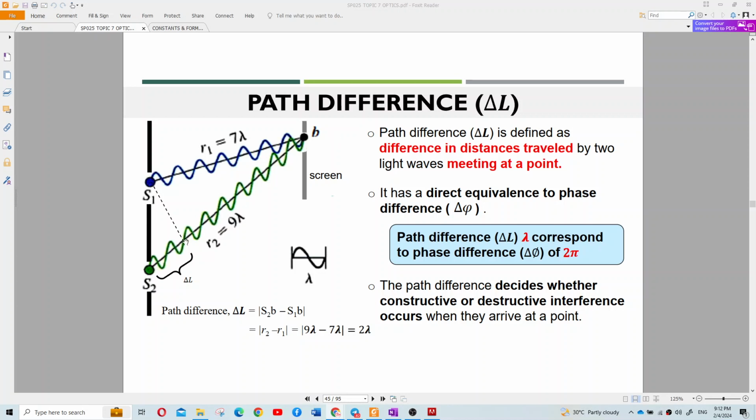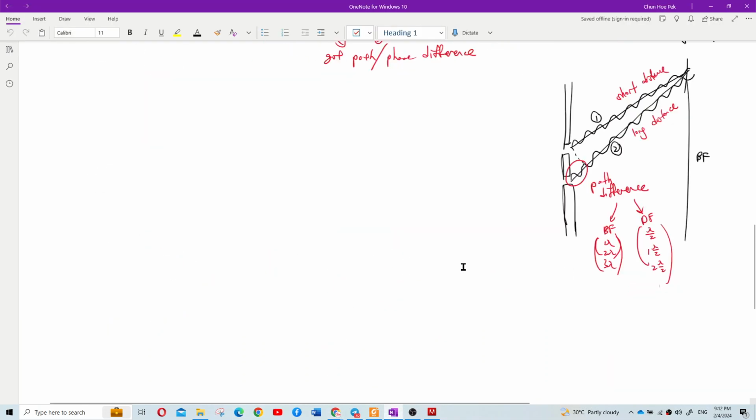S2 travels a longer distance compared to S1. This is the extra path. If we draw a line 90 degrees to the second line, the extra path is the path difference, delta L.